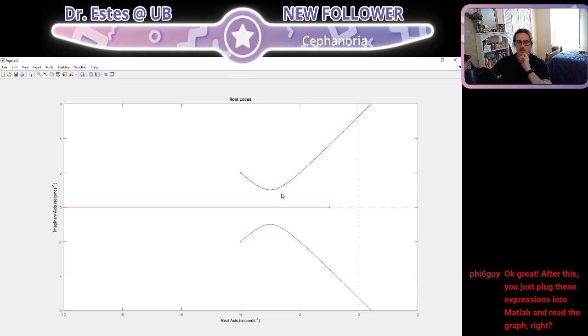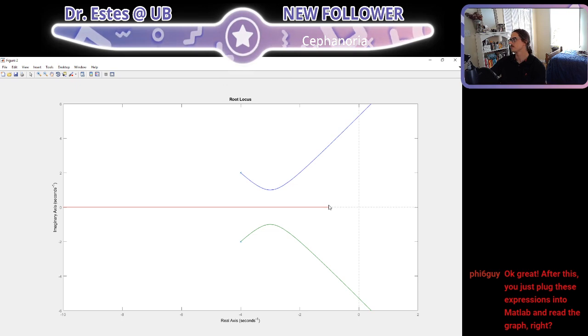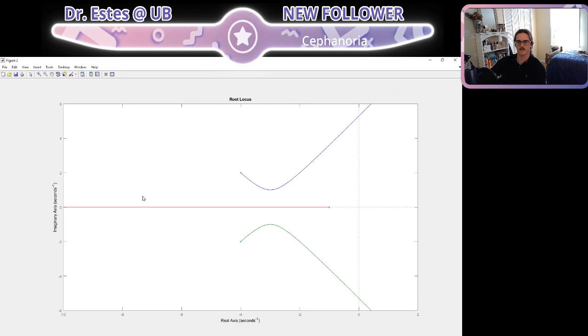This one is a little bit tricky when predicting the fastest settling time. Because these two roots, the blue and the green one, as you increase the value of k, they get slower and slower and slower. But this red root, as you increase k, it gets faster and faster and faster.